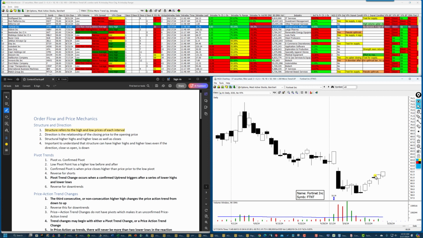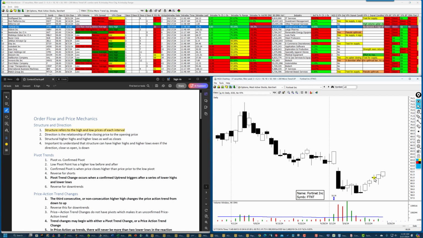When I'm looking for a stock that's bullish, I'm looking for a series of days with higher highs and higher lows. And like I said, even though this is a black candle, it's higher than the prior day, and the low is also. So this would be a price trend change, and I'll get more into that in a later video. I try to think of it in these terms. If the candle is white, the direction is up for the day or for that bar, which you all know, it's just common sense.